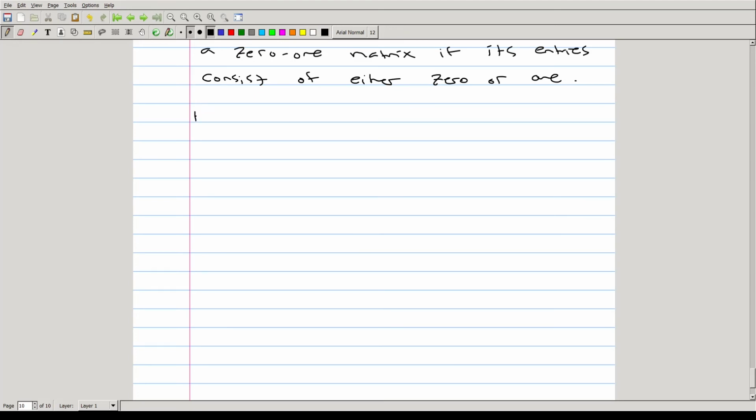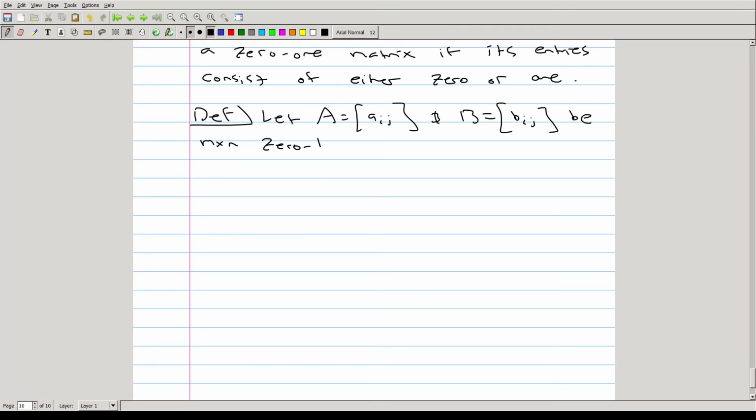For two matrices that are 0-1 matrices, let A be matrix Aij and B be matrix Bij. So both of these are m by n 0-1 matrices.